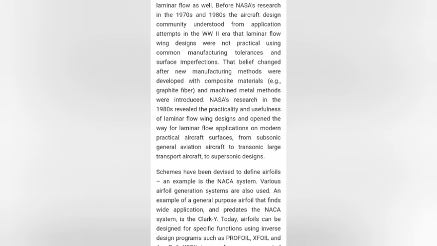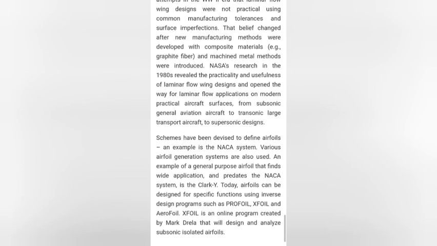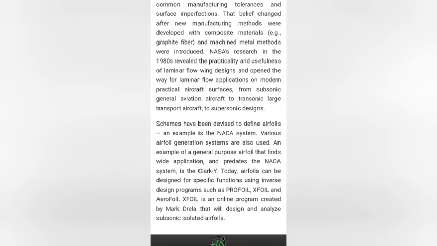NASA's research in the 1980s revealed the practicality and usefulness of laminar flow wing designs and opened the way for laminar flow applications on modern practical aircraft surfaces, from subsonic general aviation aircraft to transonic large transport aircraft to supersonic designs.